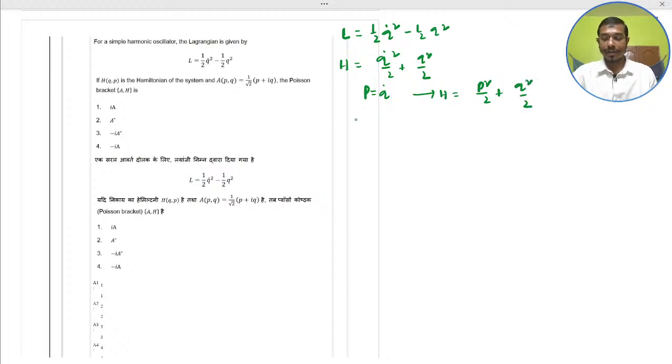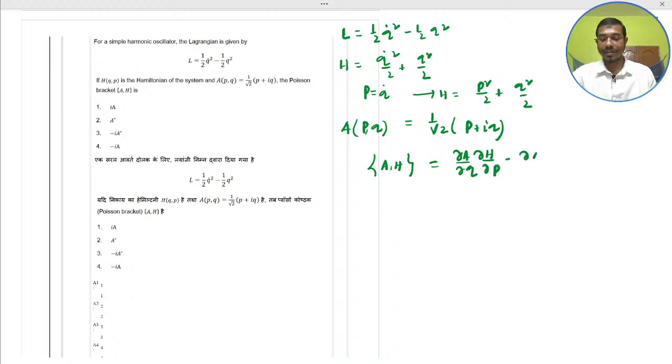A complex variable transformation is defined, A with coordinates p, q, is 1 by root 2 of p plus iq. Compute the Poisson bracket of A, H. By the definition of the Poisson bracket, it is del A del q, del H del p minus del A del p, del H del q.